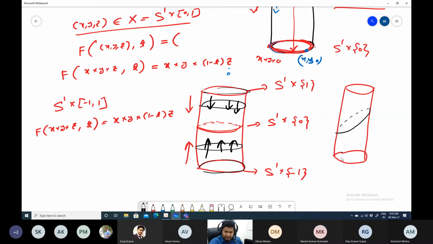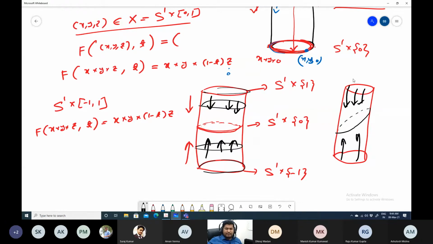If you want, you can also find that map so that it is moving in this direction, and that will be a deformation retract to that circle, right? So that is enough. That means there is no specific thing about that boundary circle.